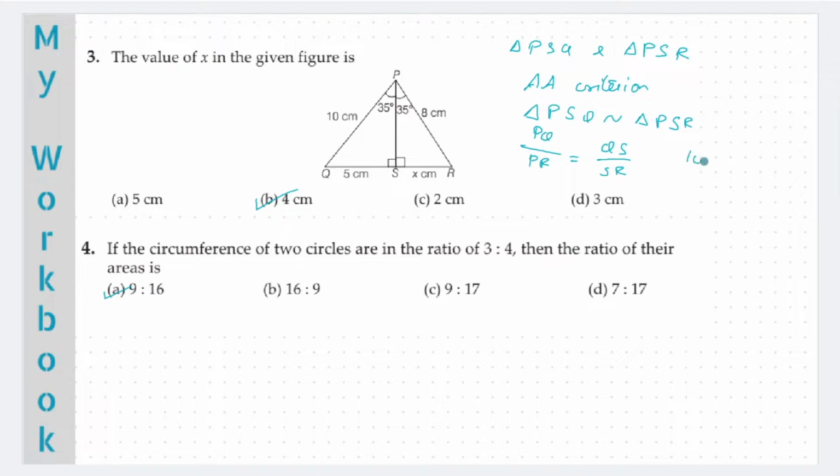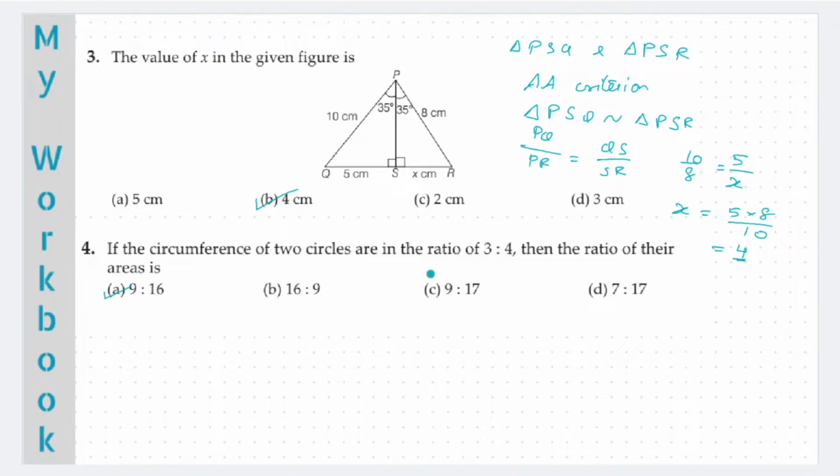It is 10 by 8 is equal to QS is 5 and SR is to be found, which is X. So from this you can solve X is equal to 5 into 8 by 10, which will give you 4. So value of X is 4 centimeter. Hope you got the correct answer. Let's see the solution for question number 4.